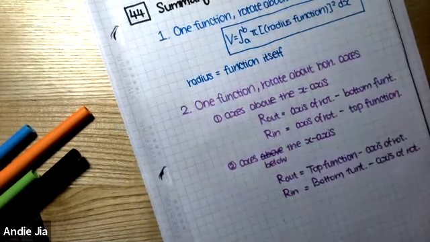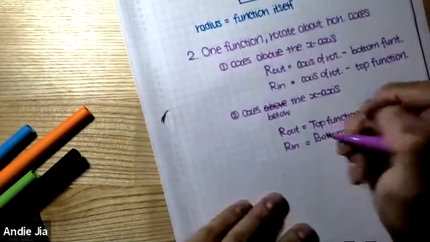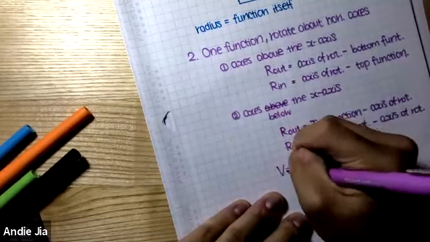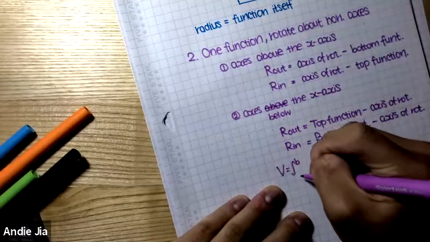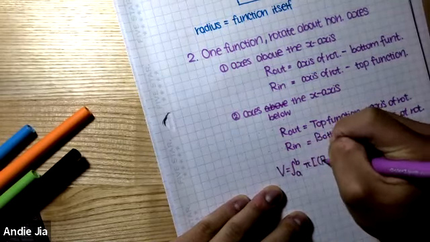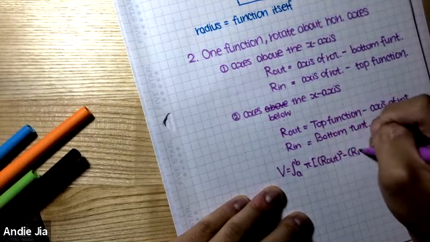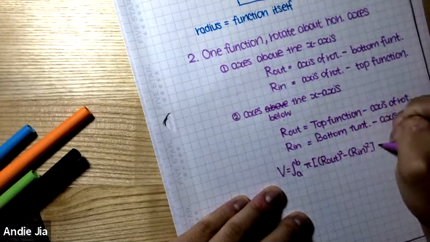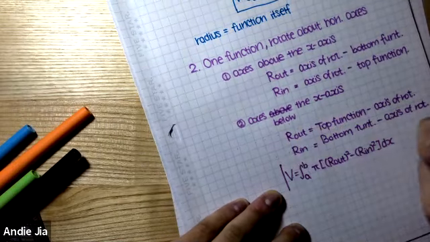The volume should be the integral from a to b of pi times outer radius squared minus inner radius squared, dx.